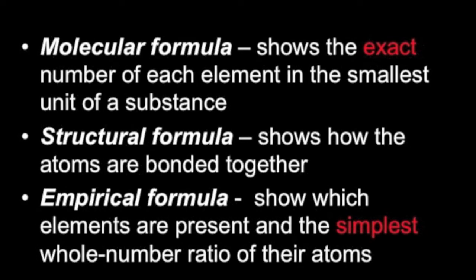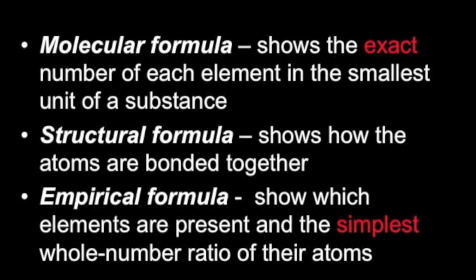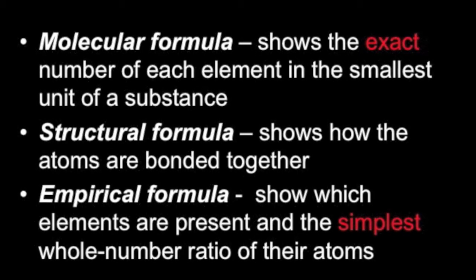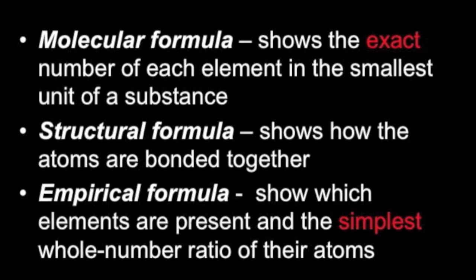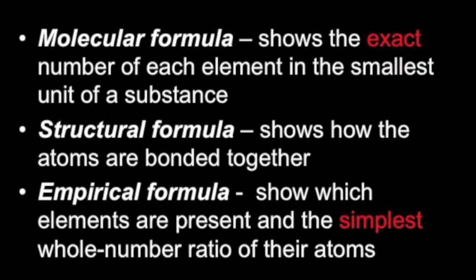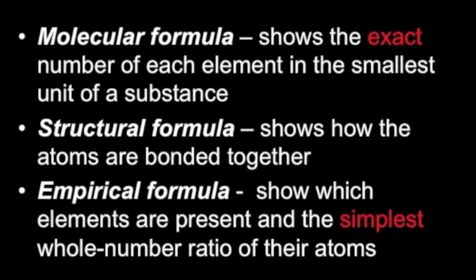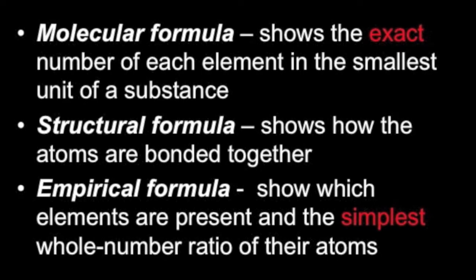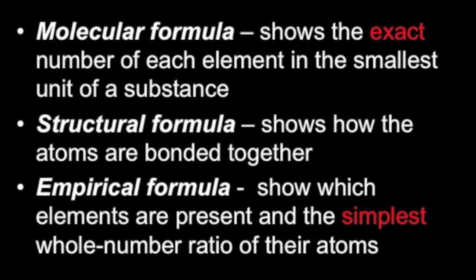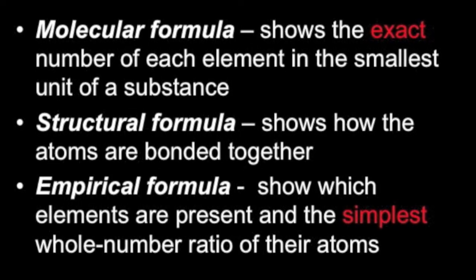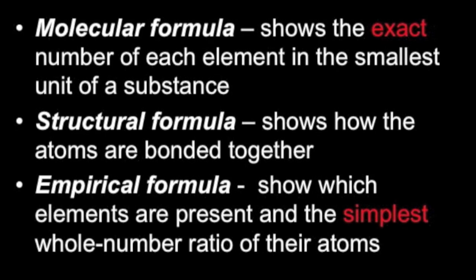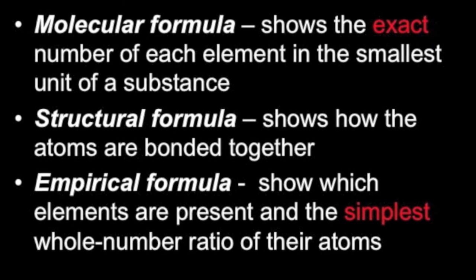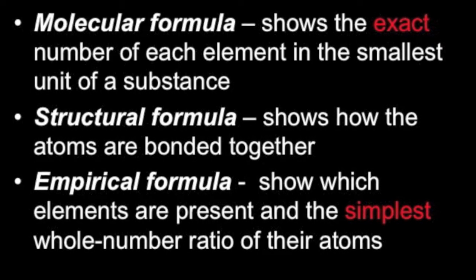So we have this other formula, which we'll call the structural formula, which not only tells us what atoms we have, but how those atoms are connected. And finally, we have the empirical formula, which shows the elements present in their simplest whole number ratios of atoms. We'll see that for an ionic compound, the molecular formula is going to be equal to the empirical formula, which may not be the case for covalent compounds.